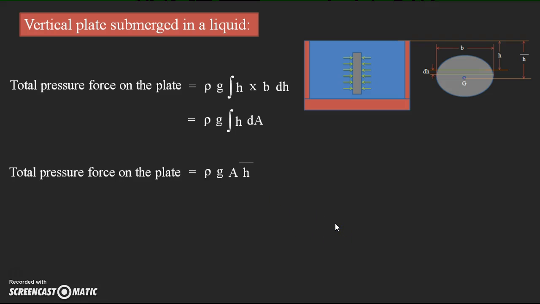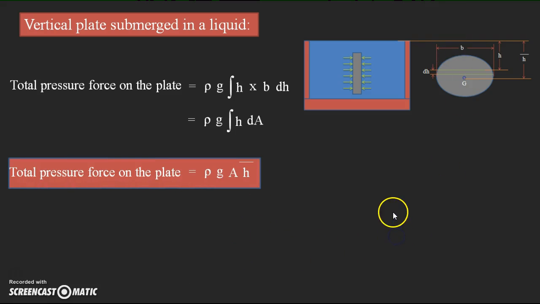The elemental area becomes the total area, and the h value becomes the distance of the center of gravity of the given object from the reference position. Here we have taken the free surface of the liquid. This is the equation for the total pressure force on the plate. To find the total pressure force, this is the formula rho g A h bar we consider. So remember this formula, it is very important for finding the total pressure force on a vertical plate.